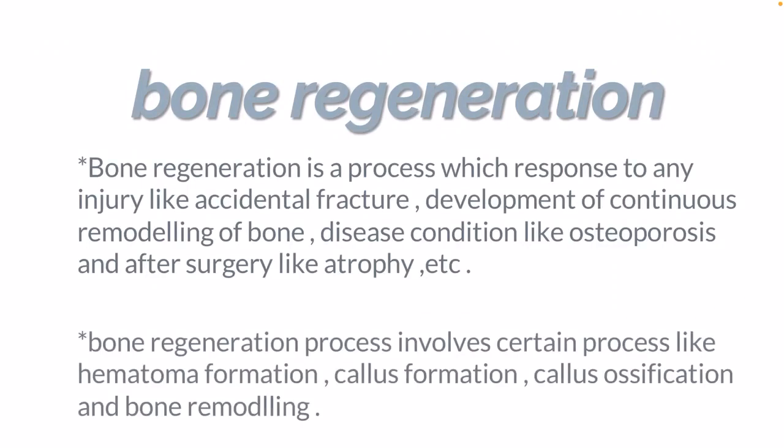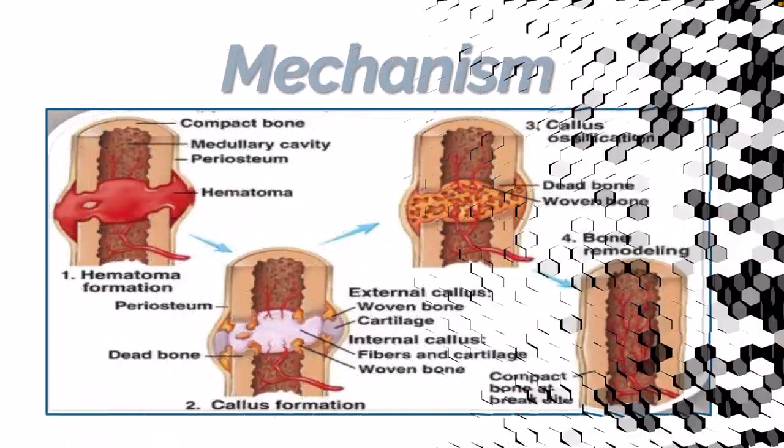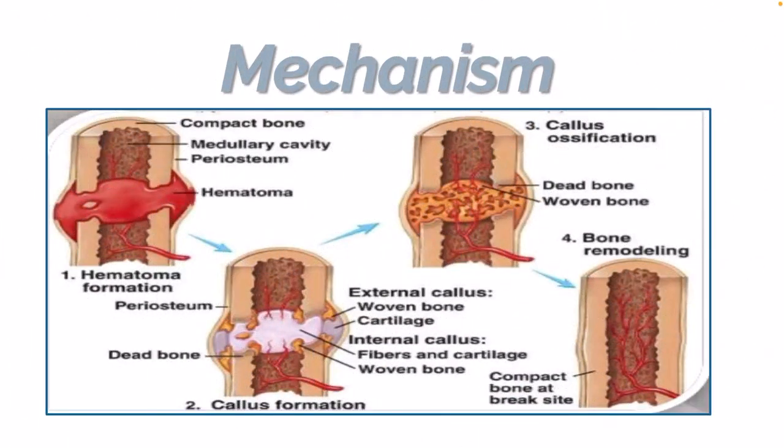The bone regeneration process involves hematoma formation, callus formation, callus ossification, and bone remodeling. The mechanism of bone regeneration: hematoma formation, then callus formation, then callus ossification, and after that, bone remodeling.